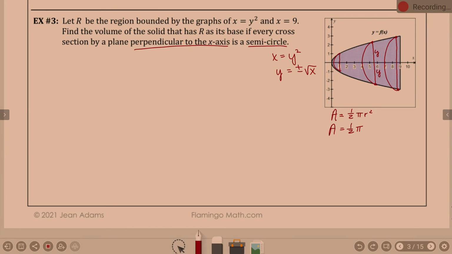What is my radius? Is it y or is it 2y if it's the radius of the semicircle? It's y. That's a weird way to do radius, because radius is just halfway across the semicircle.